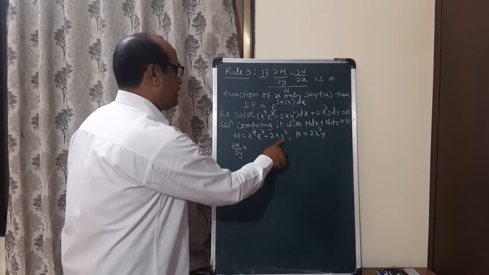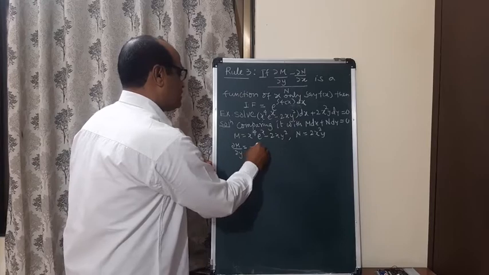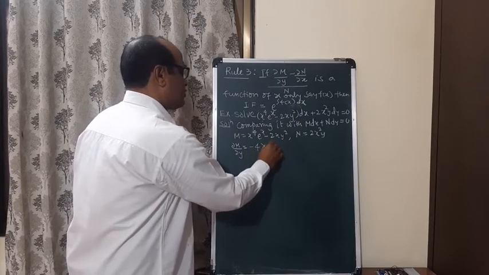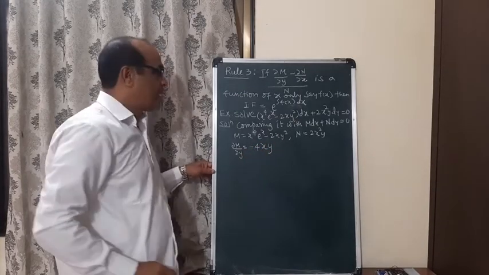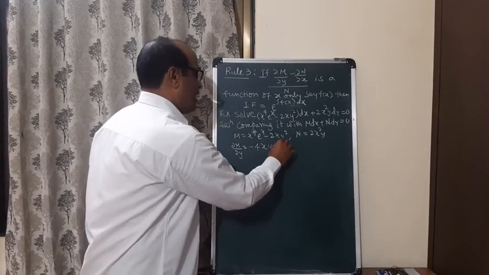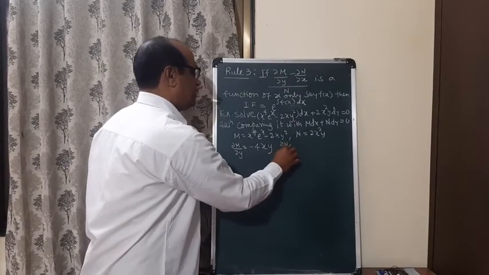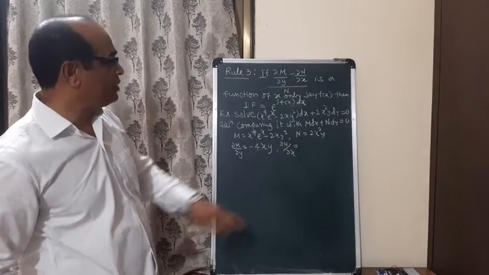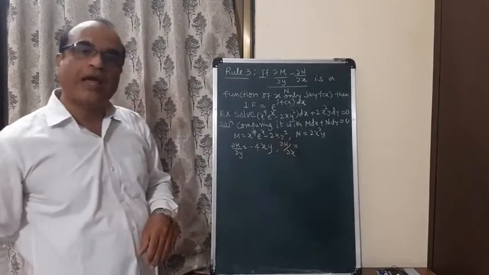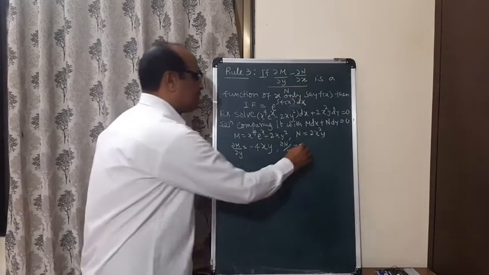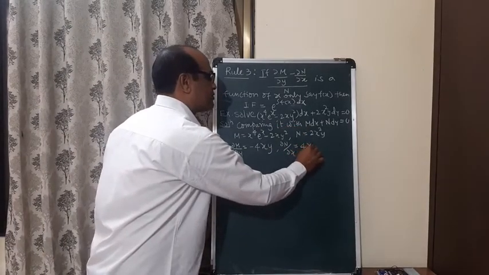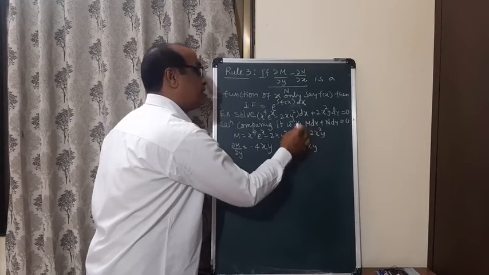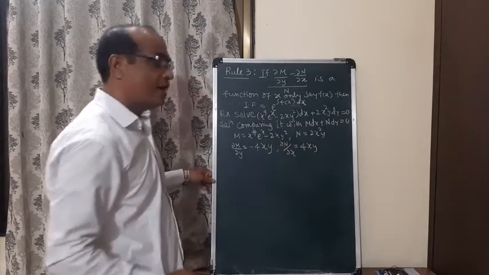What is the derivative of y²? 2y. So that is −4xy. So what is ∂N/∂x? The partial derivative of N with respect to x, keeping y constant. So this is 4xy. The derivative of x² is 2x, into 2, 4xy.